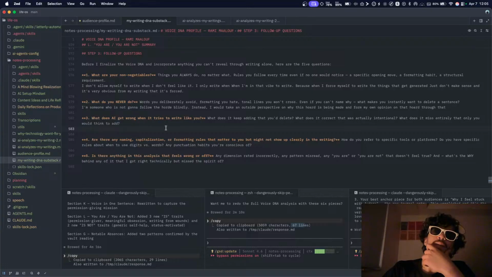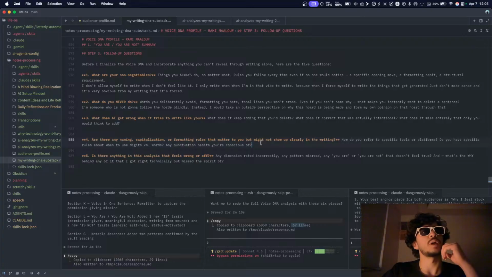Are there any naming, capitalization, or formatting rules that matter to you but might not show up clearly in writing? How do you refer to specific tools or platforms? Do you have specific rules about when to use digits and words? Lowercase.